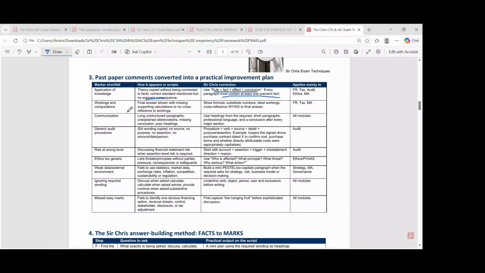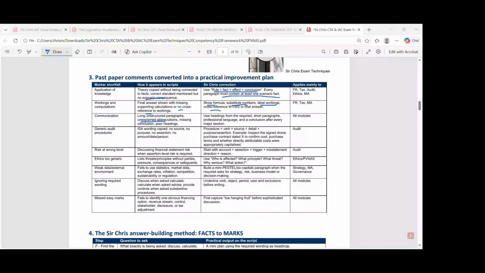Then when it comes to your workings and computation, the shortfall is a final answer shown with missing supporting calculations or no cross-reference to workings. So you should show the formula, substitute the numbers, label your workings, and cross-reference with W1, W2 to the final answer. Then communication: long unstructured paragraphs, unexplained abbreviations like COB, team.